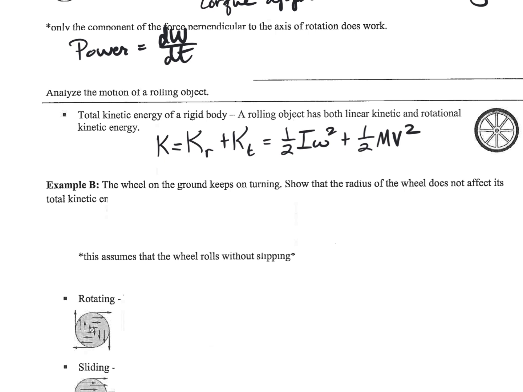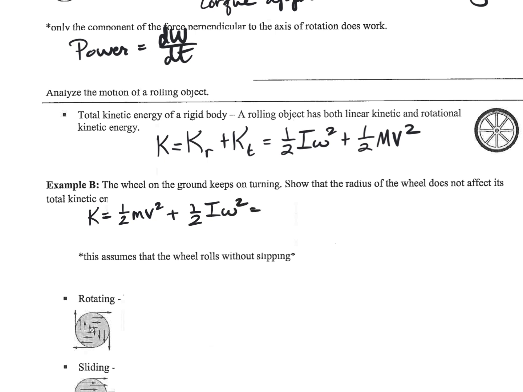So look at example B. What does it say? It says the wheel on the ground keeps on turning. Show that the radius of the wheel does not affect its total kinetic energy. So what is the kinetic energy? K equals 1/2 mv squared plus 1/2 I omega squared, correct?